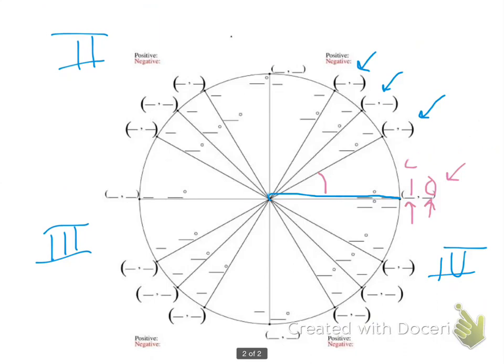Alright, so let's go ahead and continue building this, at least in the first quadrant. And this angle, which we'll do in pink, is made up of pi over what? Pi over 6.